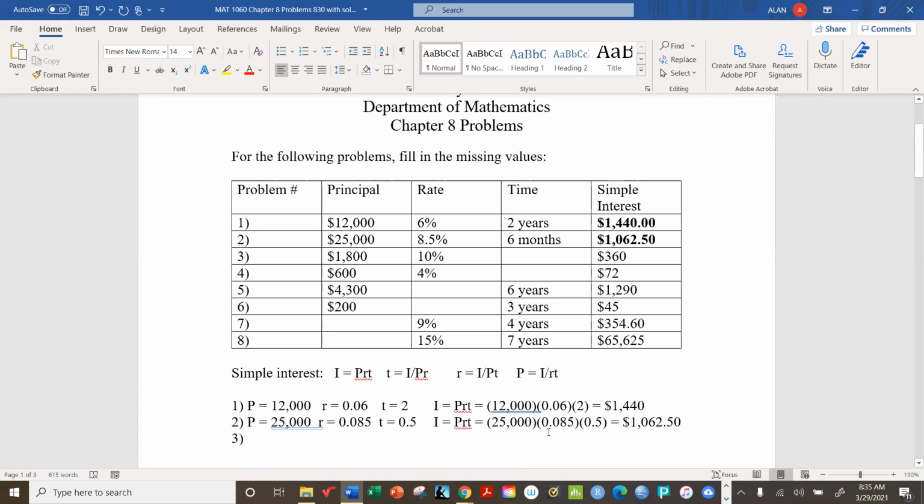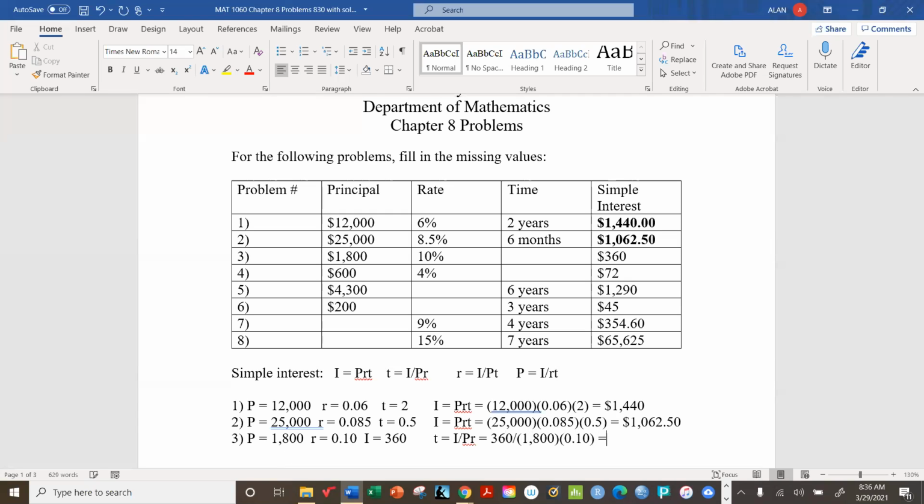All right, so let's do number 3. 3 is a question where we're asked to solve for time. So we're told that principal is 1,800, R is 10%, and I is 360. So therefore, using the T formula, T equals I over PR equals 360 over the product of 1,800 and 10%.